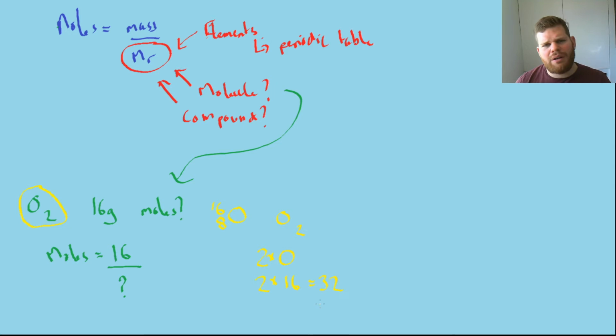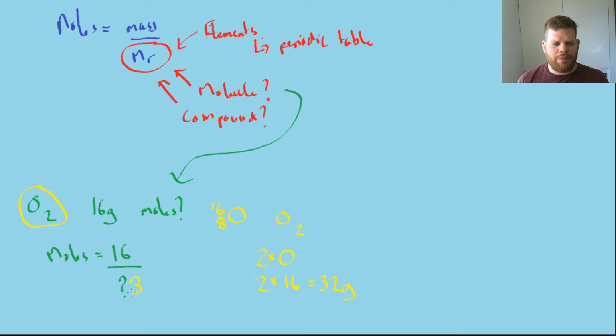Last time I talked about the relative atomic mass, as the mass of an element, so 1 mole of that element would equal this. Here we've got a molecule of O2, so if I had 1 mole of oxygen molecules, it would weigh 32 grams. So this number here is the number that I need to put in my question mark.